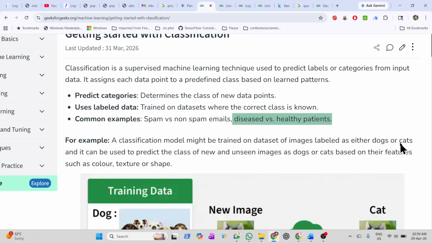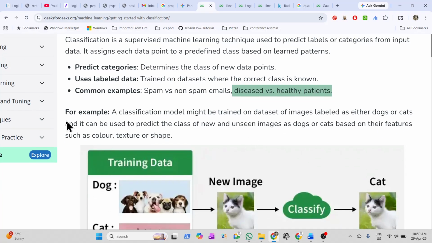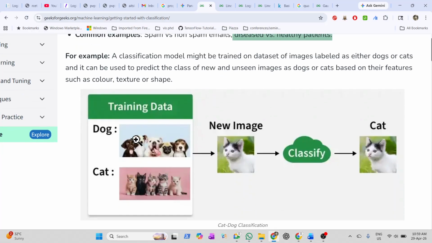This is another example where we are providing our model the data set of images that contain dogs and cats with their labels. It can be used to predict the class of new and unseen images based on the features such as color, texture, shape that it has learned.